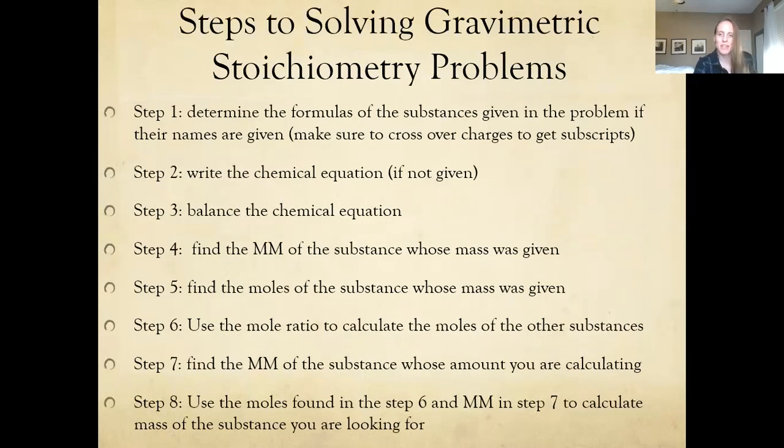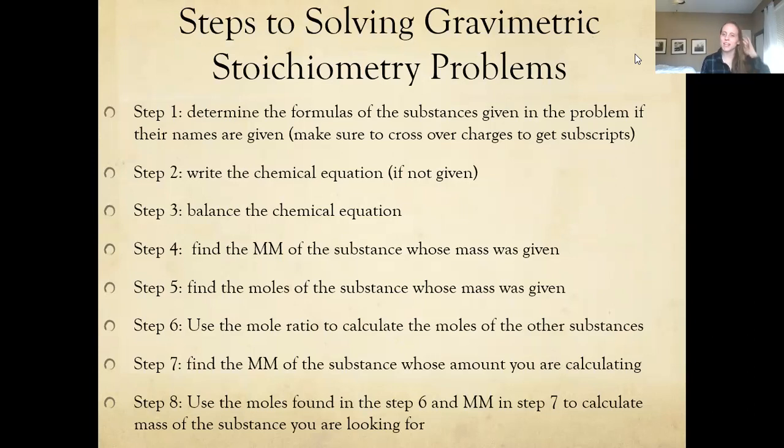So with gravimetric stoichiometry problems, of course, start off with writing out the formulas of your compounds. Make sure that you cross over all of your charges. Write out your chemical equation and balance it, and then find the molar mass of any substance whose mass you were given. You can then find the moles of that substance.